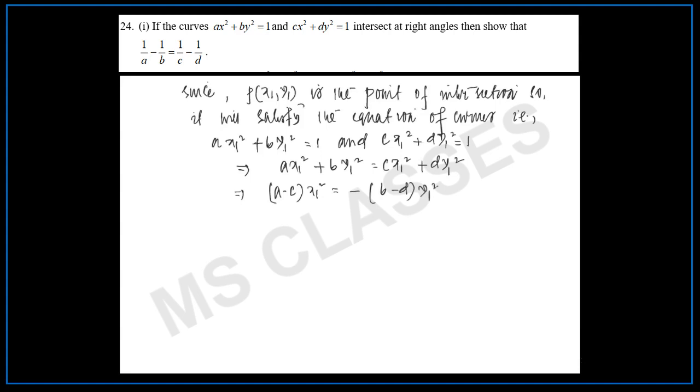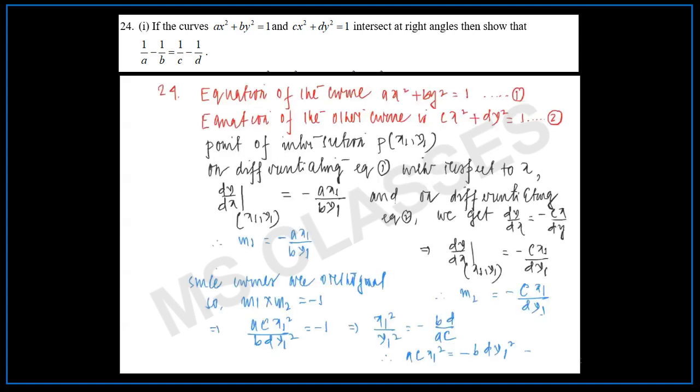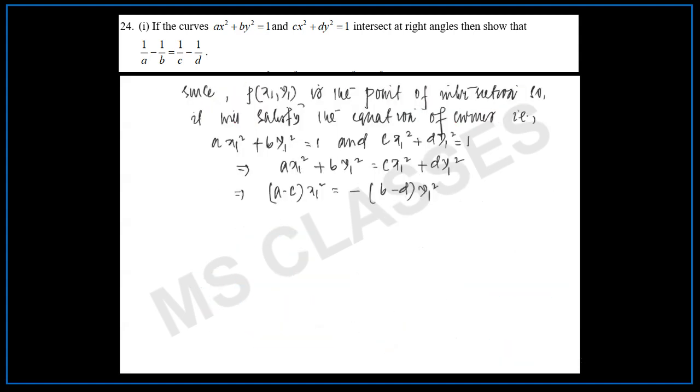Now, in the previous part we had equation 3, and now we have equation 4. We divide equation 4 by equation 3, and we get a minus c by ac equal to b minus d by bd.